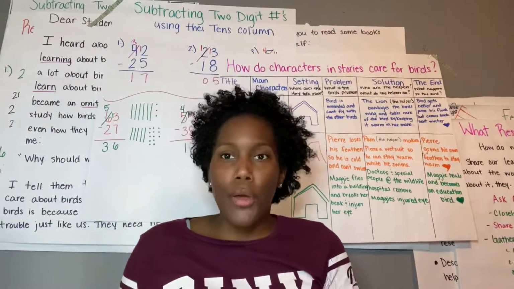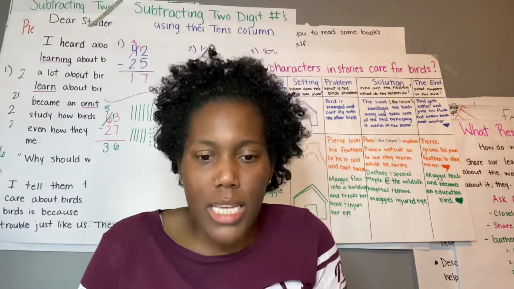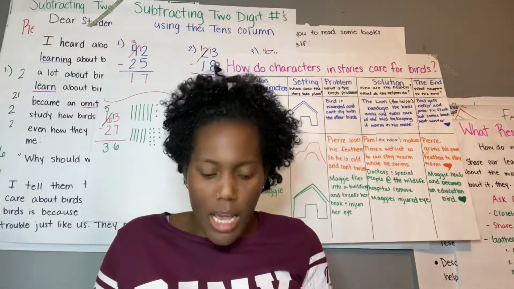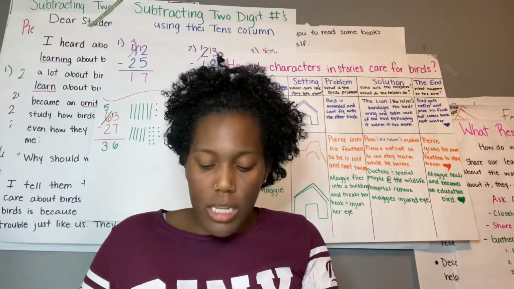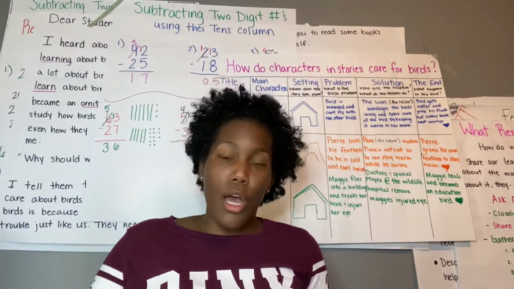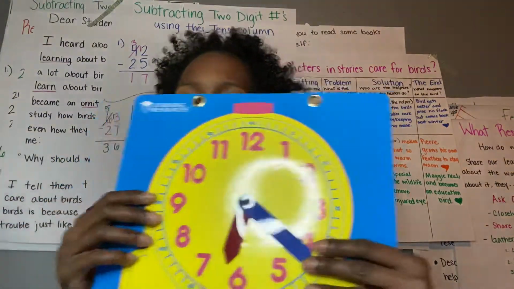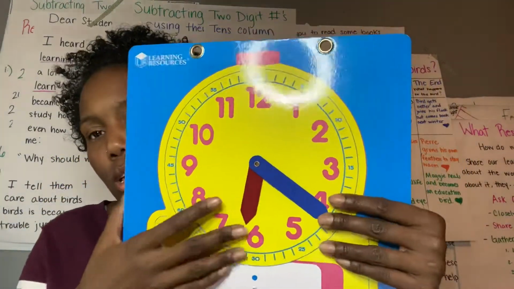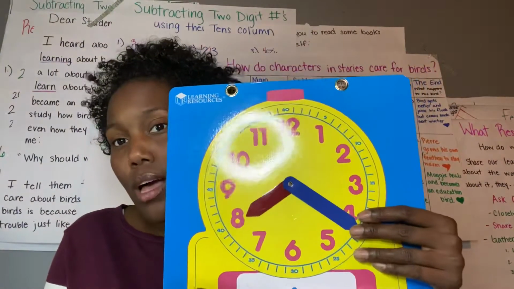Let's try one more together. The next time I want to try is 8 o'clock. It's bedtime. My mom said, Miss Carter, go to bed. It's 8 o'clock. So where's my red hand going to go? Oh, it should go on the 8 because I said 8 o'clock.